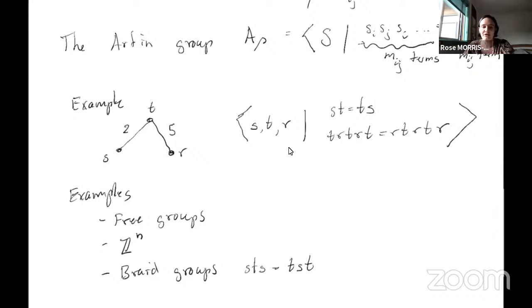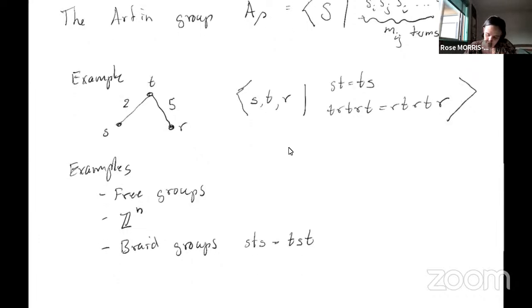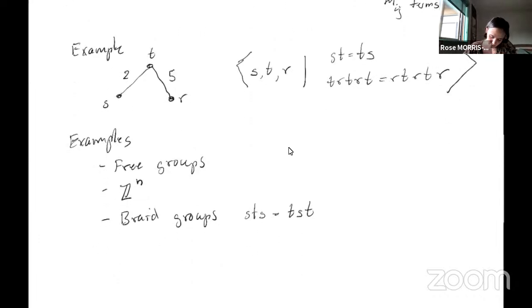So sometimes these are actually called generalized braid groups because of that sort of idea, right? So they're also called Artin-Tits groups. I should capitalize this because it's a name.